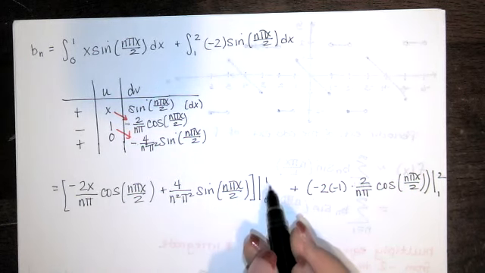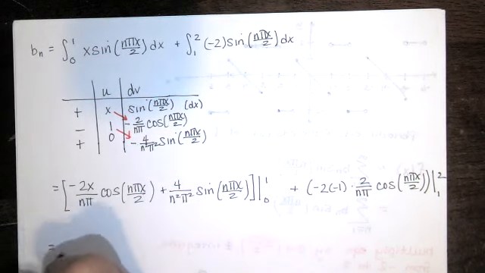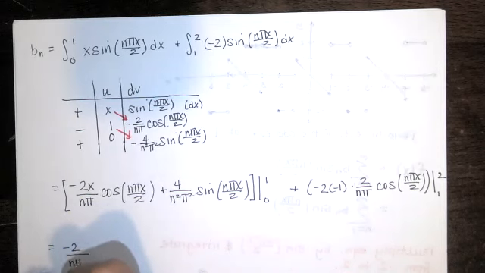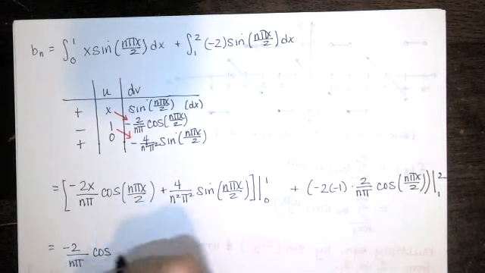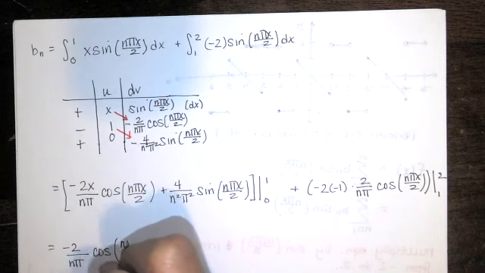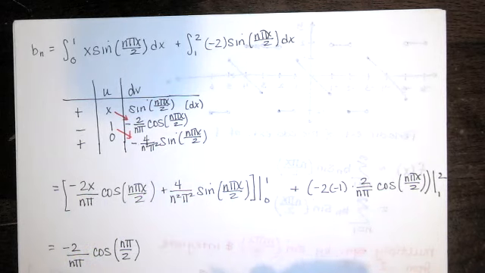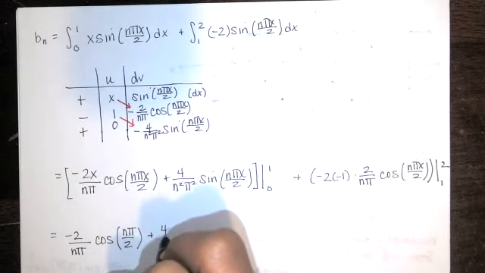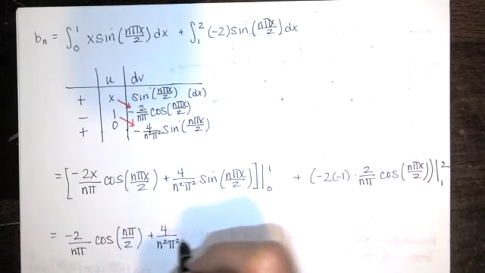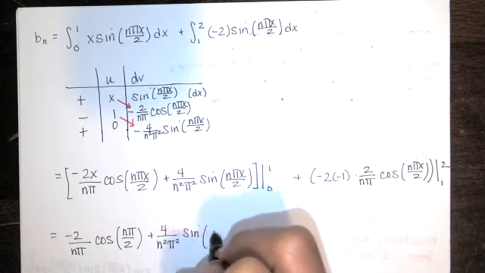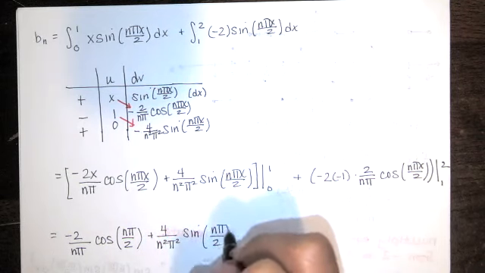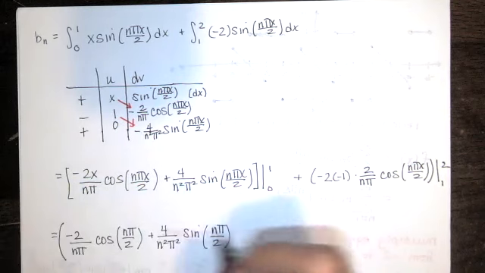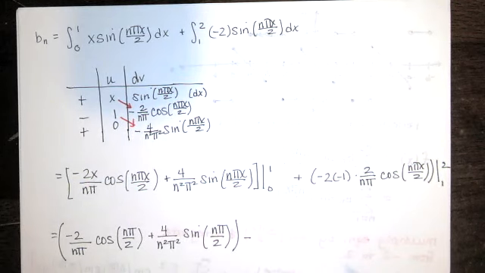Okay, so at x equals 1, we get negative 2 over n pi times cosine of n pi over 2. And over here, we'll have 4 over n squared pi squared. When x equals 1, that'll be sine of n pi over 2. Then we'll evaluate all of this when x equals 0.